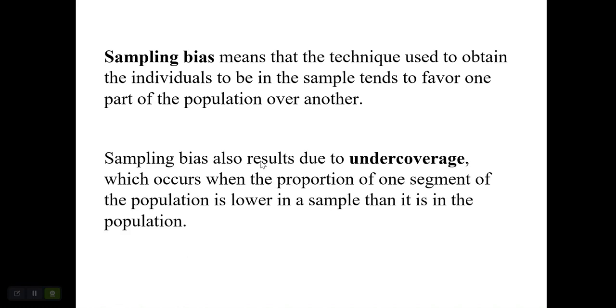Sampling bias can also result from undercoverage, which occurs when the proportion of one segment of the population is lower in the sample. For example, take the Hispanic population.